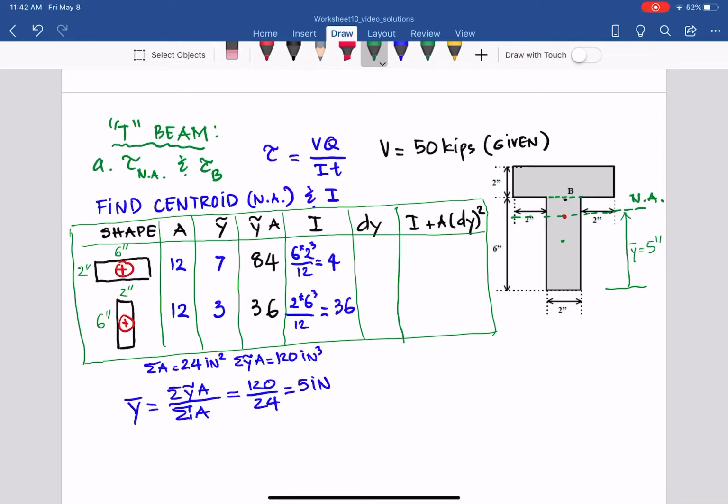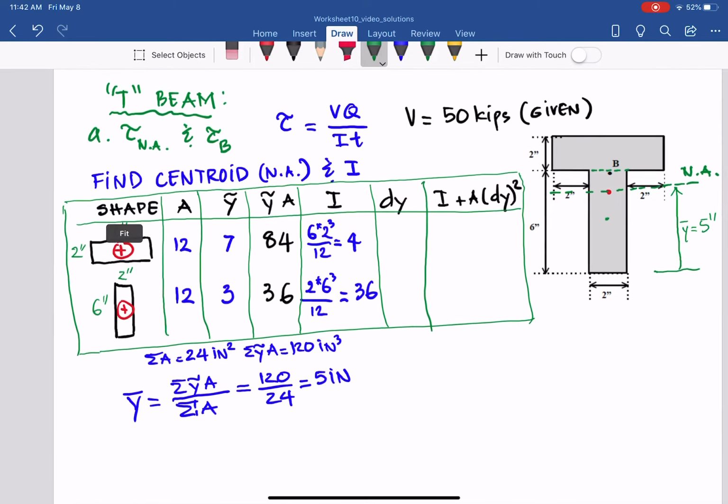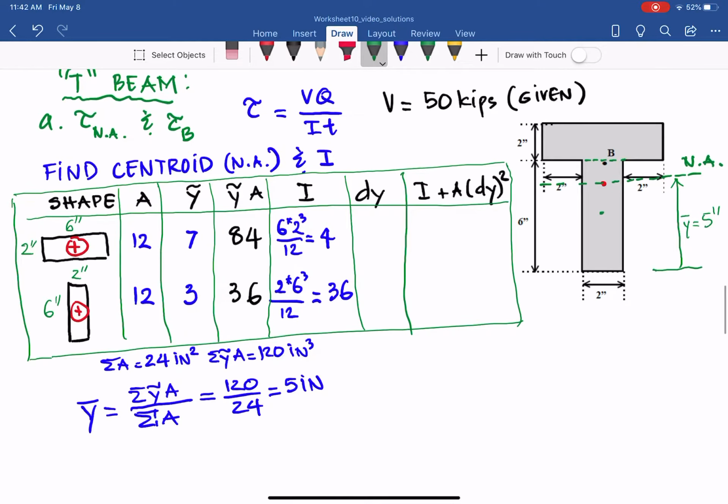So you have y bar, and now go ahead to complete the table, which is to find dy, the distance from the centroid of the shape on the left to the centroid of the whole cross section.